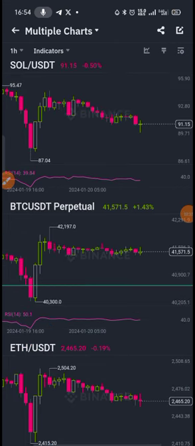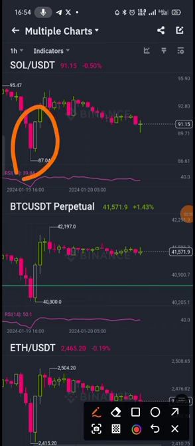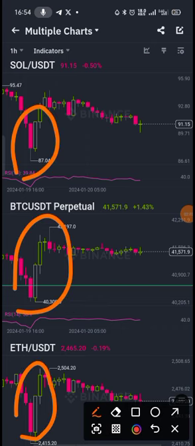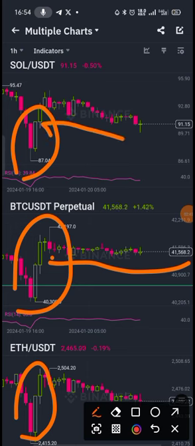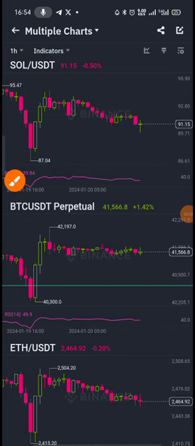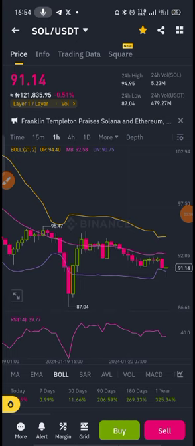Even this Solana, you see it in Solana here, Bitcoin here, Ethereum here, and the other consolidation, you see them, because Bitcoin is like the main ticker, the main head of the market. Now that is that for comparing charts.